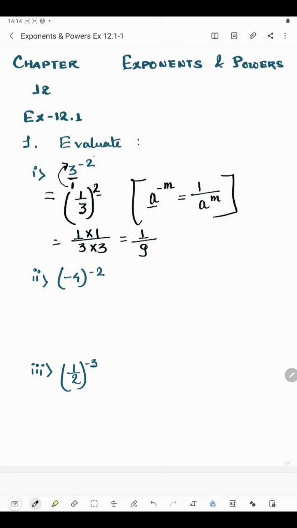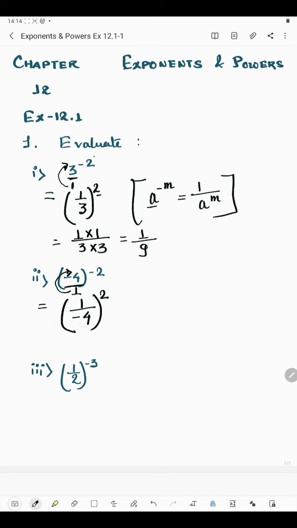Now coming to the second part. The second part we have minus 4 whole to the power minus 2. Again we will make the exponent positive, so we need to write the number in reciprocal form. Here in the denominator no digit is present, so we consider it as 1. When you write the inverse, this will go up. It will be 1 by minus 4 whole to the power 2.